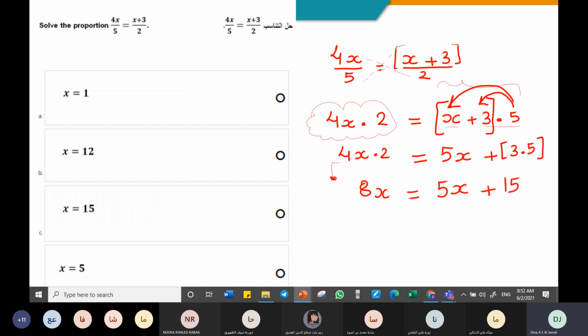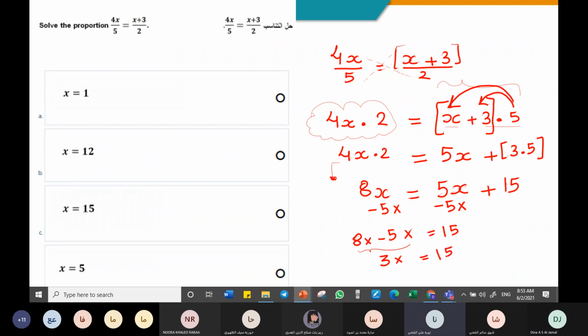Now how can I solve this equation? A variable on each side. Minus 5x. Excellent. Minus 5x, minus 5x. So 8x minus 5x is equal to 15. Simplify this part. What will it be? 3x equal to 15.